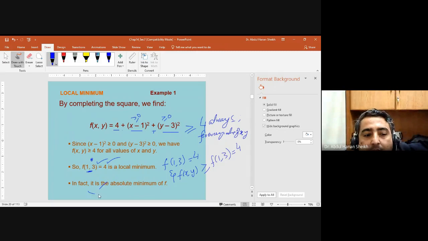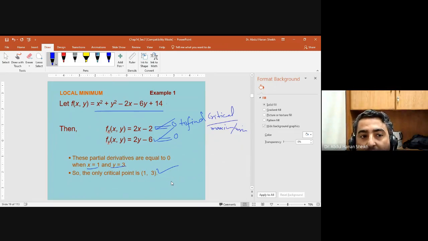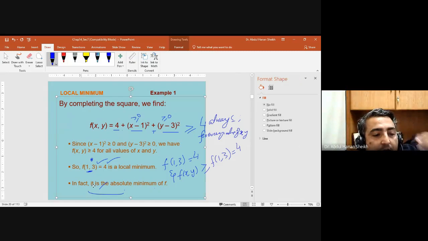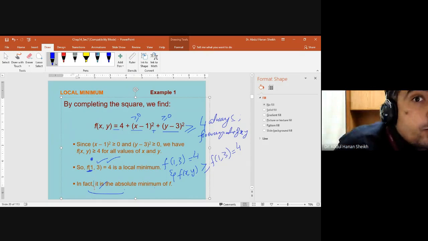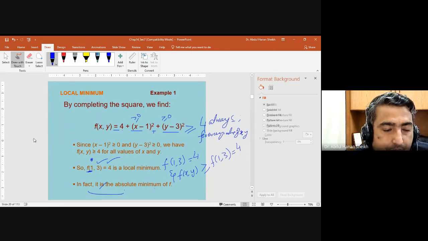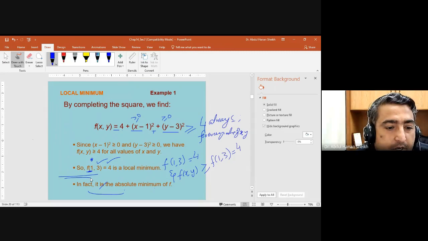And in fact this is the absolute minimum because this function is a polynomial function and a continuous function. Polynomial functions are very easy to understand. They only have, let's say, one local minimum unless they are periodic. That's why this statement that it is also the absolute minimum means there will be no other local minimum. Okay, we are done till here.